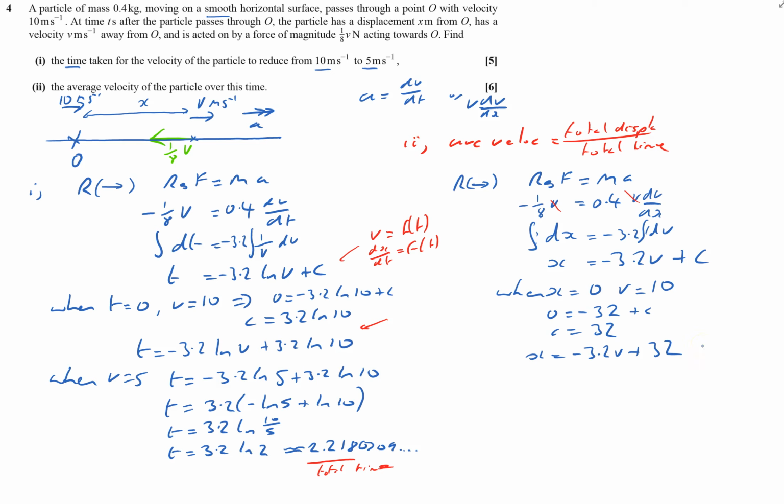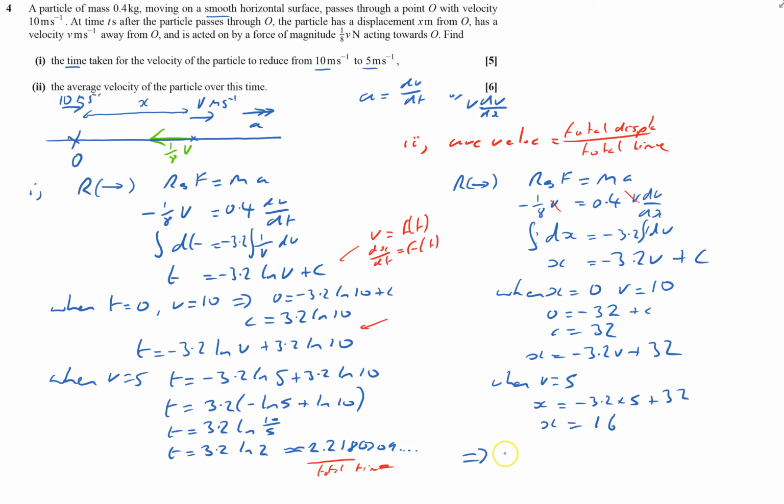And now I need the displacement going from 10 when x is 0 to 5. So when v equals 5, x equals minus 3.2 times 5 plus 32, so x equals minus 16 plus 32, which is 16.